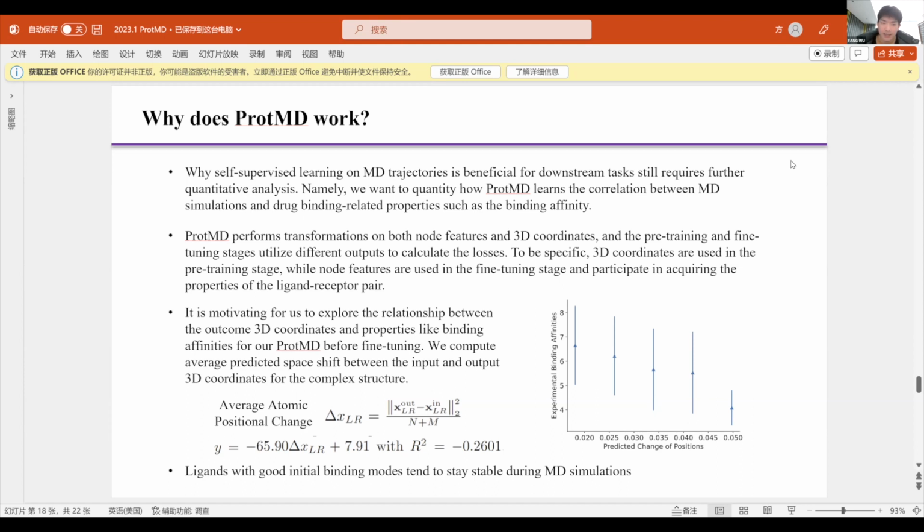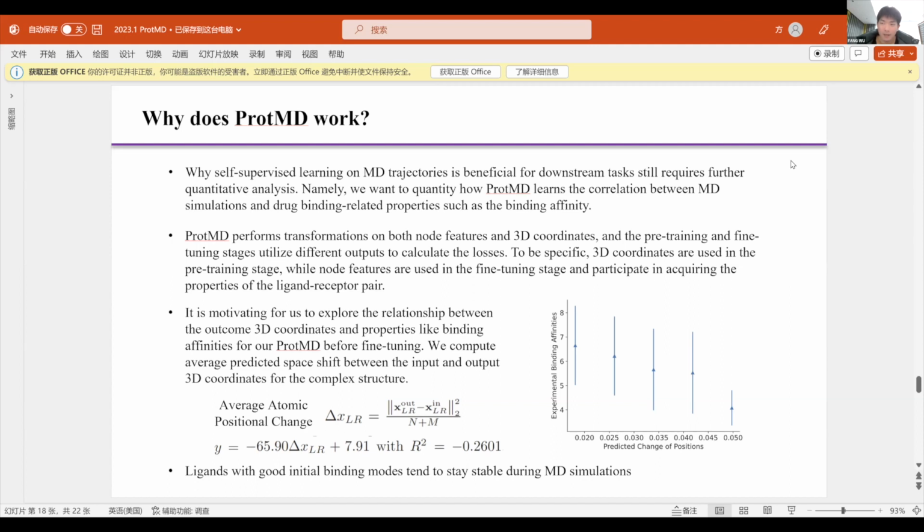Here we compute the average predicted spatial shift between the input and output 3D coordinates. That is, we want to quantify how our model predicts the protein and the ligand will change, how magnified it will change. And the result shows a negative correlation between the predicted spatial shift and experimental binding affinity.